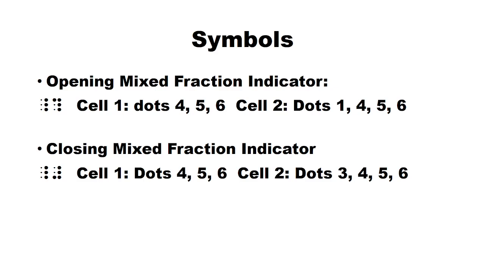If you remember our simple fraction indicator, for the opening we have dots 1, 4, 5, 6, and for the closing dots 3, 4, 5, 6, which is just the same as the numeric indicator. So basically, the mixed fraction utilizes the Braille symbols for the opening and closing simple fraction indicators, only that we put a cell before those two, the opening and closing, and that cell consists of dots 4, 5, and 6.